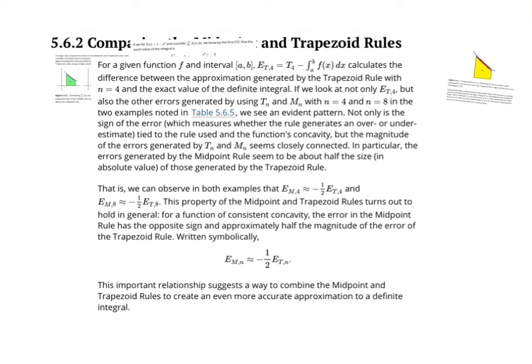Okay, and we have that in general. We saw it for n equals 4 and n equals 8. It's true in general. Roughly speaking, of course, because we have these squiggly equal signs.